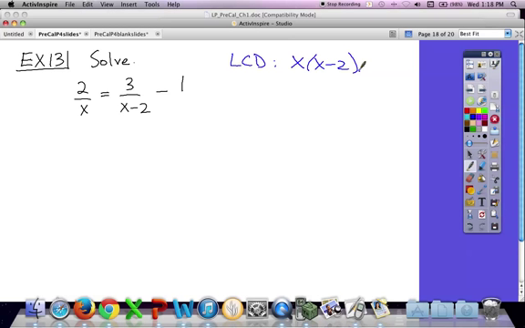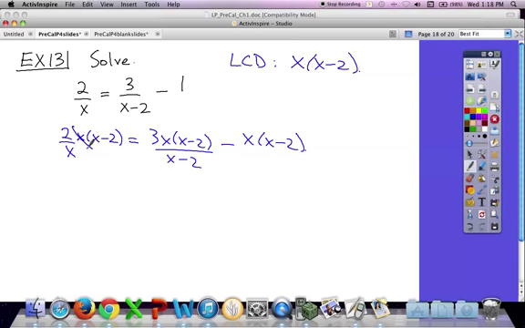So we're going to multiply. Let's say that this is 2x times x minus 2 equals 3x times x minus 2 over x minus 2 minus x times x minus 2. Right? Multiply every side, every term, both sides, every term by the same least common denominator, and now cancel.